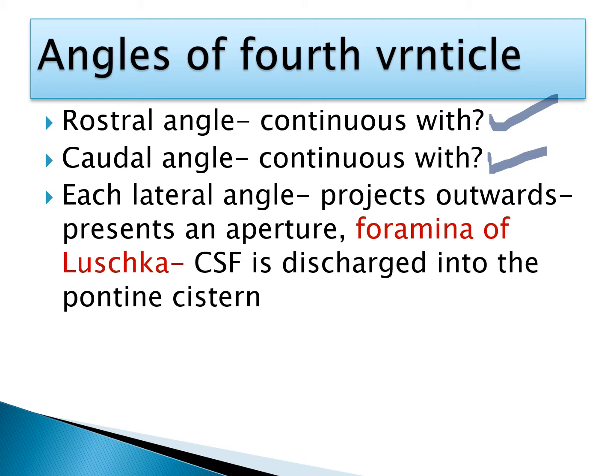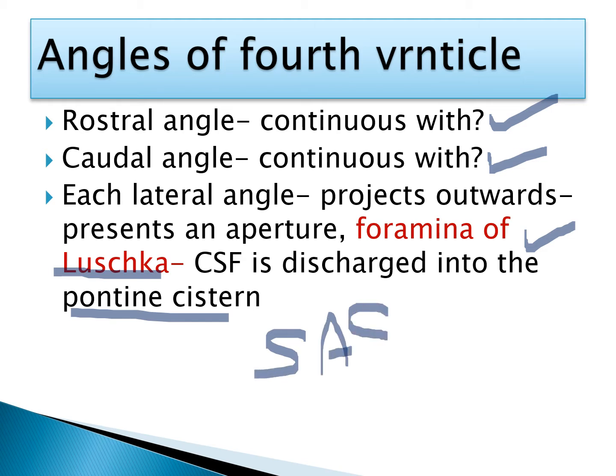Each lateral angle projects outwards and has an opening called the foramen of Luschka, from where CSF will be discharged into the pontine cistern. CSF is secreted in the fourth ventricle. The CSF will reach the subarachnoid space, which also contains CSF.